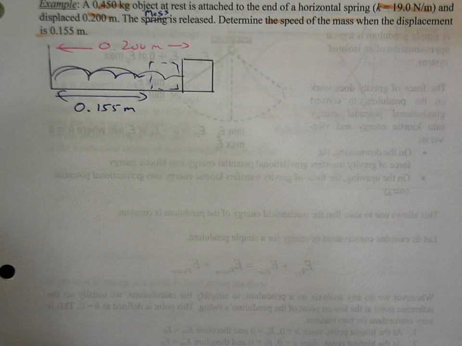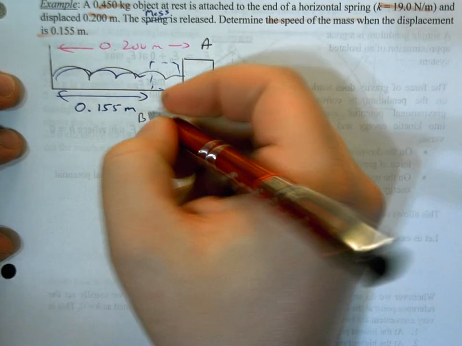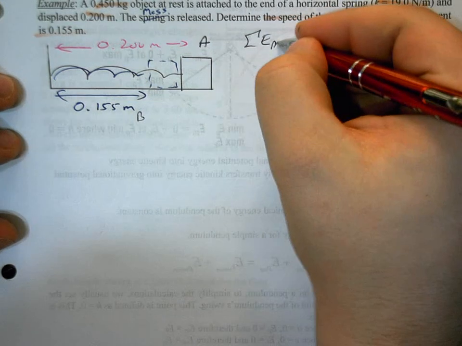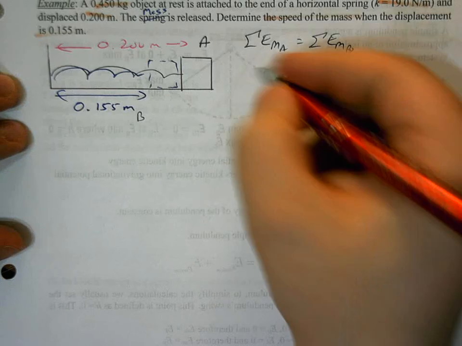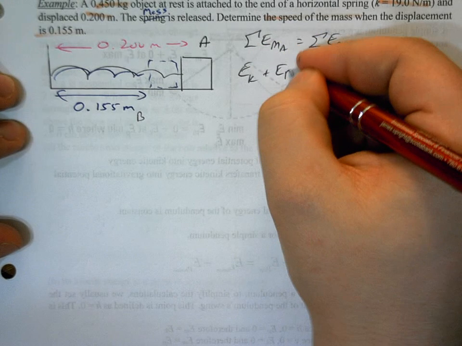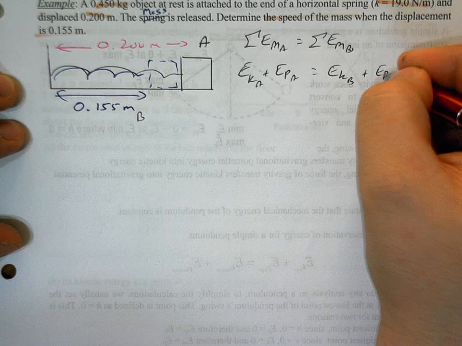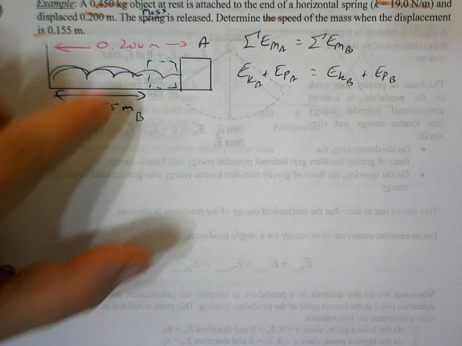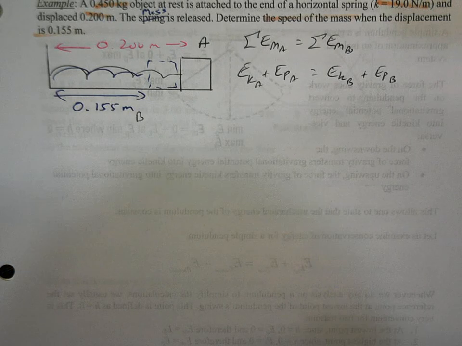So once again, we can set up conservation of energy. So when it's fully stretched, I'll call that A. When it's at this point, 0.155 meters, we'll call that B. So my total energy at A has to equal my total energy at B. So I have my kinetic plus my potential at A equals my kinetic plus my potential at B. Now, because it's on a flat surface and there's no change in vertical height, I don't actually have to worry about gravitational potential energy.